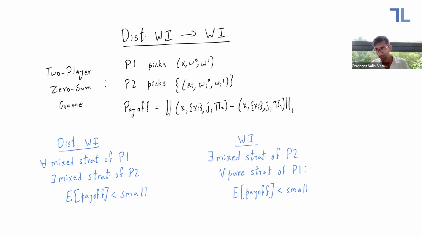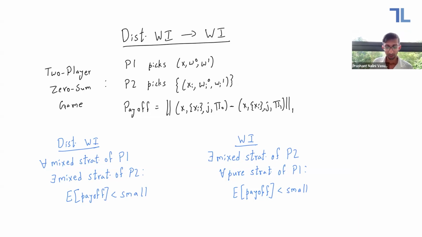And what we want is this on the right-hand side, where we want to say that there exists one mixed strategy of P2, one way of picking the xi's and the wi's, that works for any pure strategy of P1, because a pure strategy of P1 is some x, w0, w1, right? So I want one mixed strategy of P2 that works for every pure strategy of P1. And works means that the expected payoff is small, because I want the statistical distance to be small.